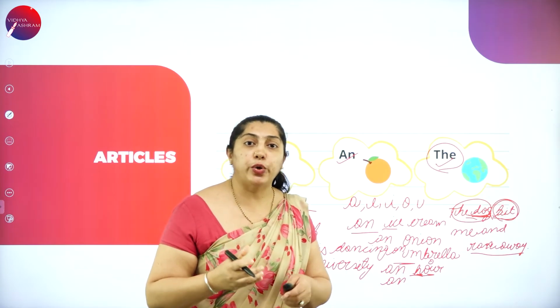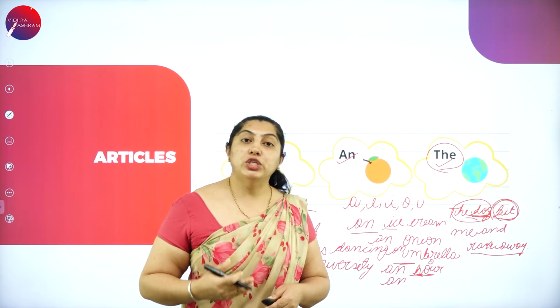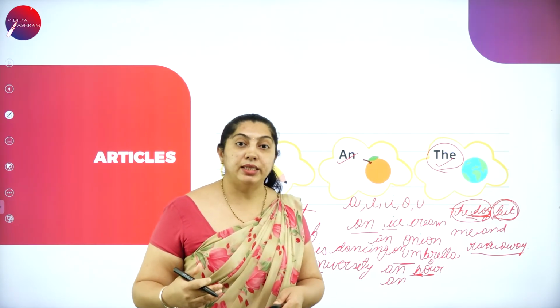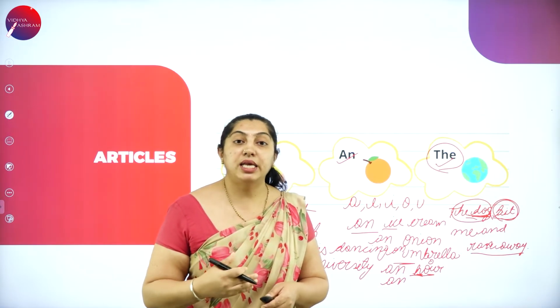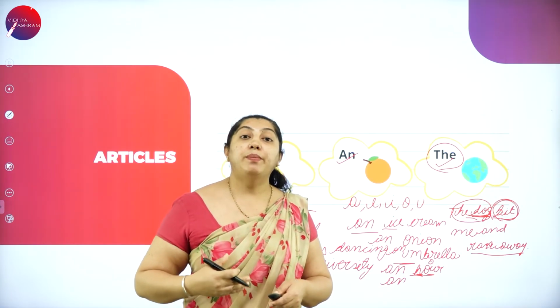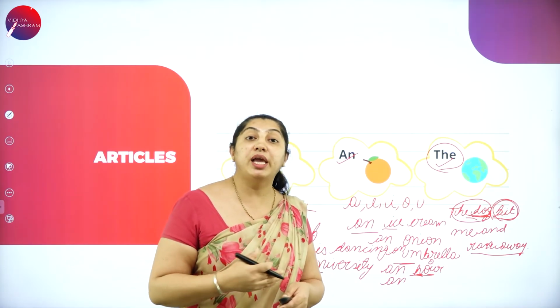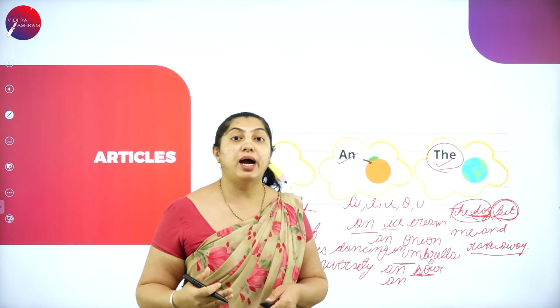We also use the article the before holy books like the Mahabharata, the Ramayana, the Bible, the Quran. These are a few examples. And before the names of rivers, the Ganga, the Yamuna, the Ganges. So before the names of the rivers also we use the article the.